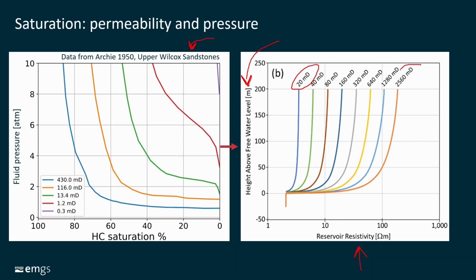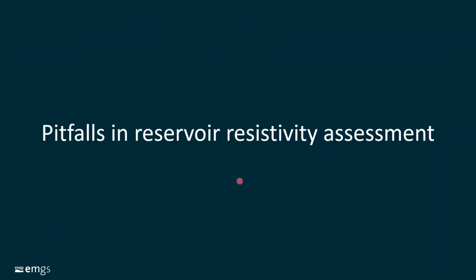And for high permeability reservoirs, you build resistivity fast in a short column, and actually you build resistivity to pretty large values of resistivity. High permeability reservoirs tend to have very high resistivity. So in the end, for a hydrocarbon charged reservoir, the resistivity of the reservoir is an indication of the permeability of the reservoir. And now some pitfalls in reservoir resistivity assessment.